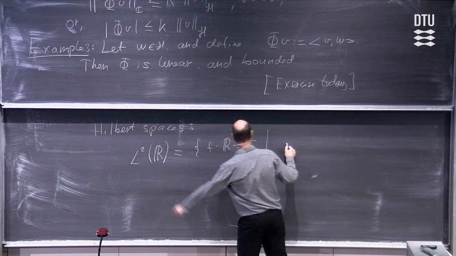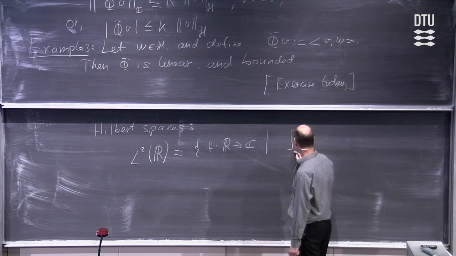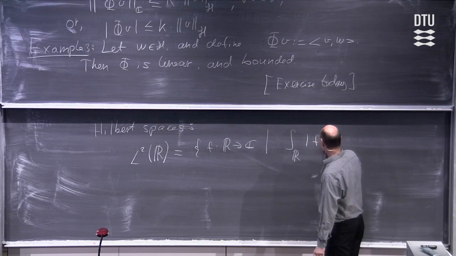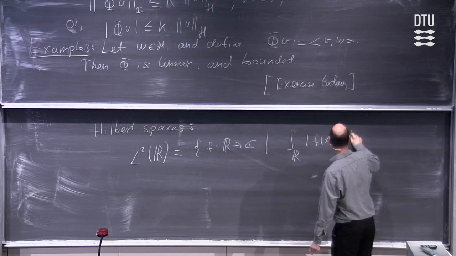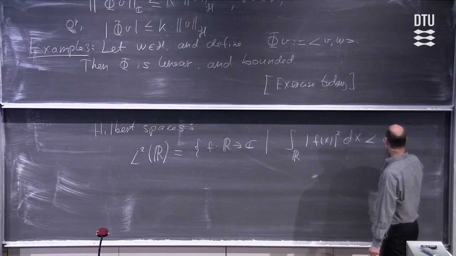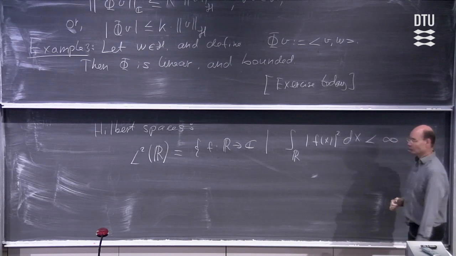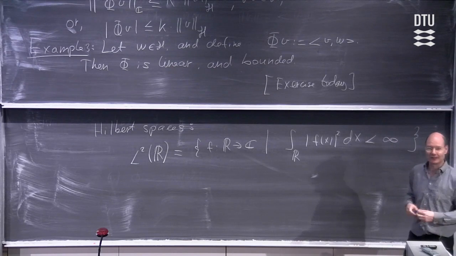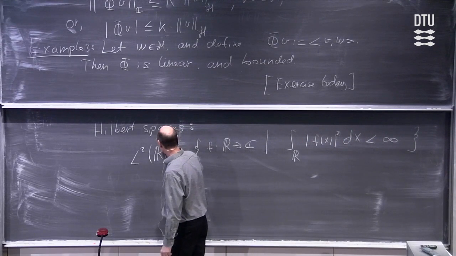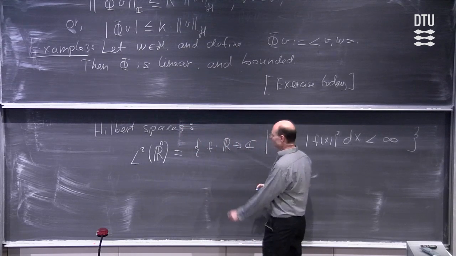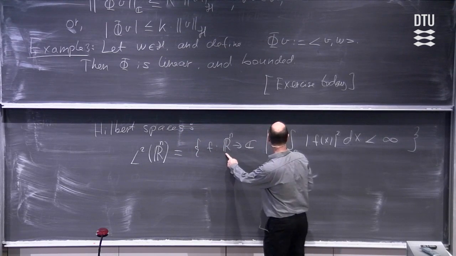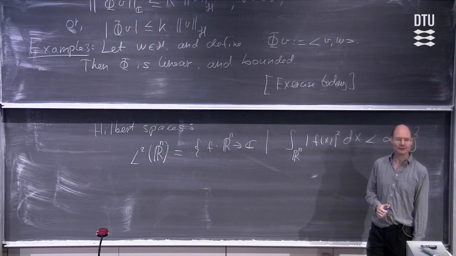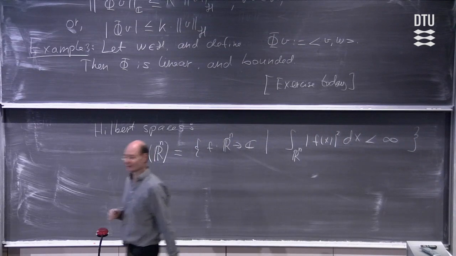Because it's a capital L, it's a space that has to do with an integral over R. The number 2 means that we are looking at the absolute value of f of x to the power 2, dx, and we are asking for this to be finite. This space is something we will deal with about week 7. Now, what the physicists are doing is they are looking at the higher dimensional space, L2 of Rn, meaning that they are looking at functions on Rn into C, and then you have exactly the same definition, except that you are integrating over Rn instead. So this is the space we'll discuss now.